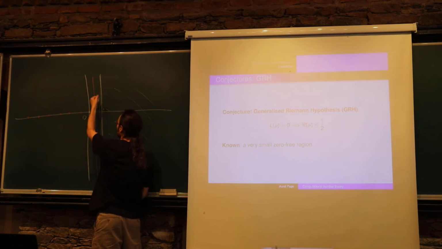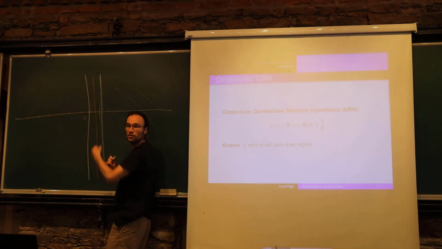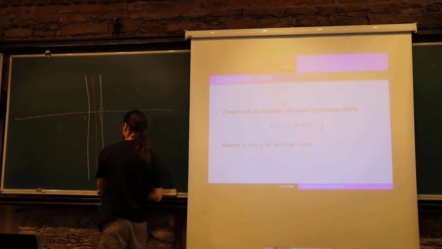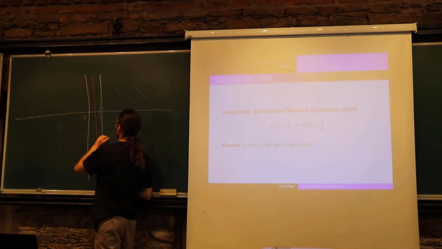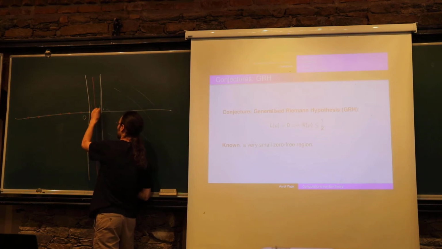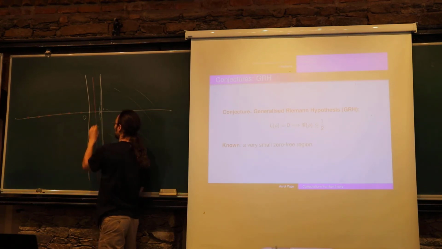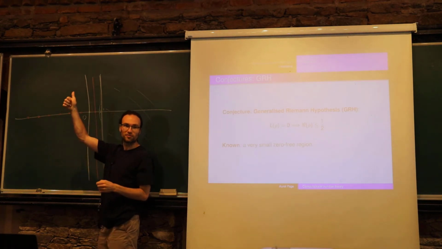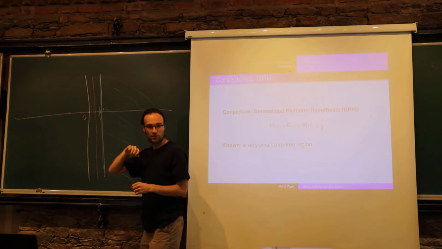But for all we know, there could be zeros very close to here. Okay? And even that's not quite true, because we're not even able to rule out the fact that there could be one exactly very, very close to one in there, but just one. So that's the best we know.